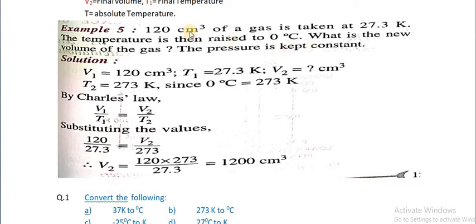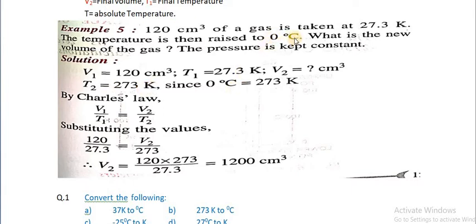First of all, we are going to write down the givens. Since this volume is given, it will be V1, the initial volume, that is 120 centimeter cube, and it is taken at 273 Kelvin, so T1 is 273 Kelvin. The temperature is then raised to 0 degrees Celsius, so the final temperature T2 is 0 degrees Celsius.